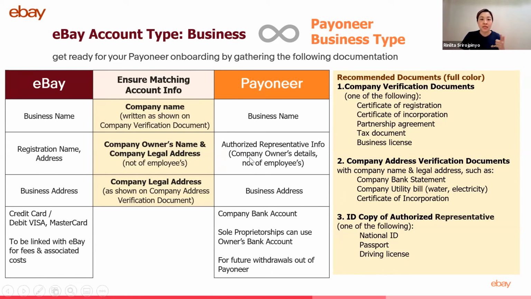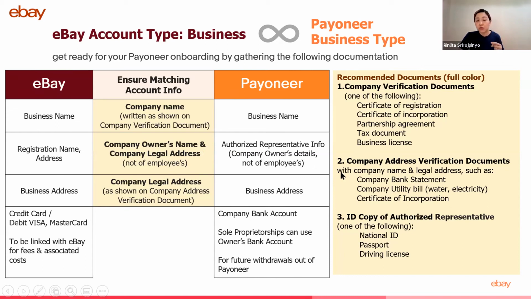Yeah, it should be that one. It is not just any employee. You cannot just input any employee's name. It should be the person written in the company legal document. So we advise that you ensure the information you put in is the company owner's name or the legal representative, and the legal address.